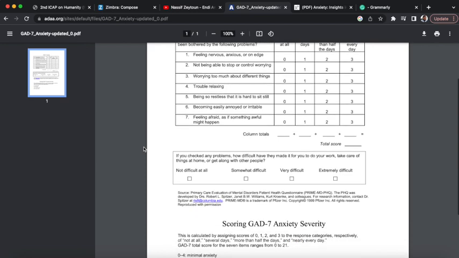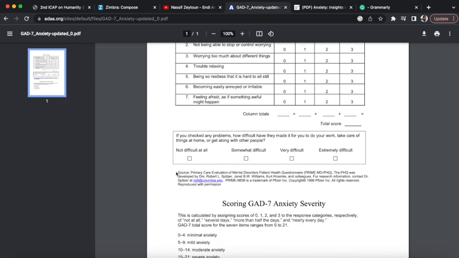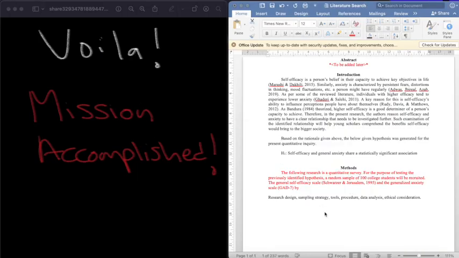Okay, this is the scale, developed by doctors Robert Spitzer, Williams, and colleagues. So I'm going to just take these names here so that I can do the needful.